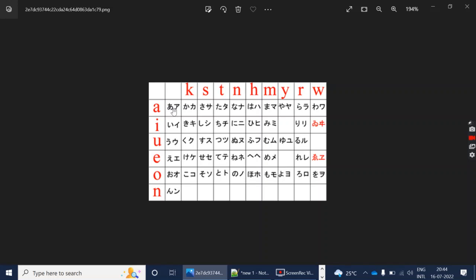You can ask why there is only one pronunciation but two kinds of scripts. The reason is that in Japanese they are very concerned about the perfection of the language.